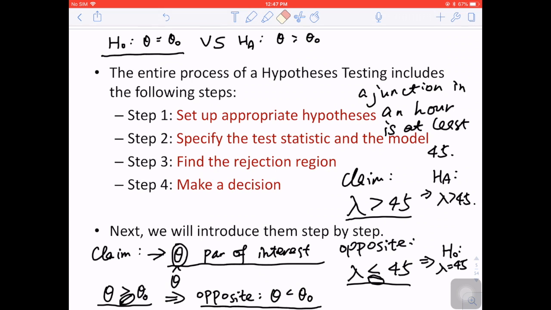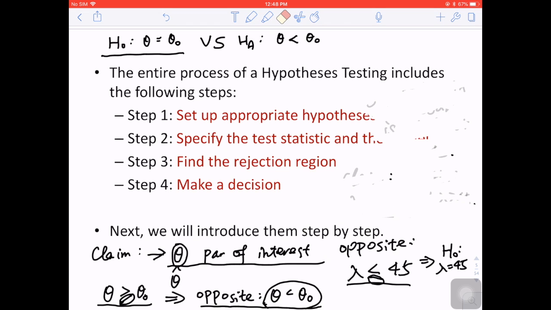So my alternative hypothesis will be theta is smaller than theta 0. Okay, so that's the basic rule of setting up an appropriate hypothesis. All right, so that's the first step.